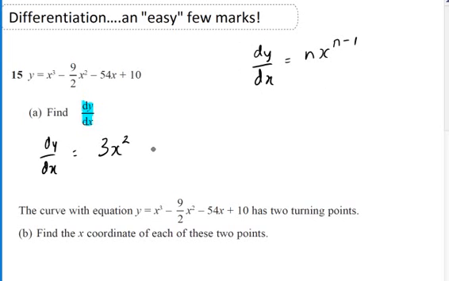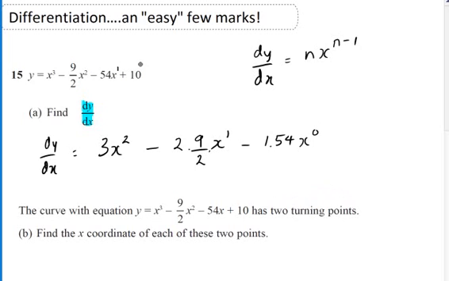Now be careful, you already have a minus there. That 2 is going to come down, multiply by 9 over 2, and then it will be times x to the power 2 take away 1 is 1. The next one is there's a minus 54x. Now the power there isn't stated, but of course that means it must be 1. So it will be 1 times 54 x to the power of 0.